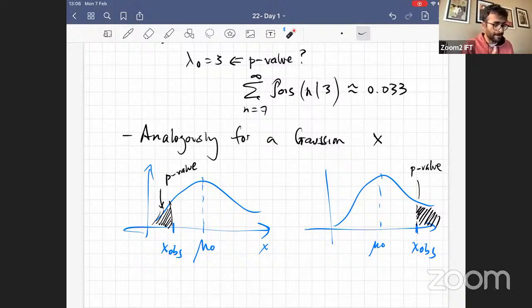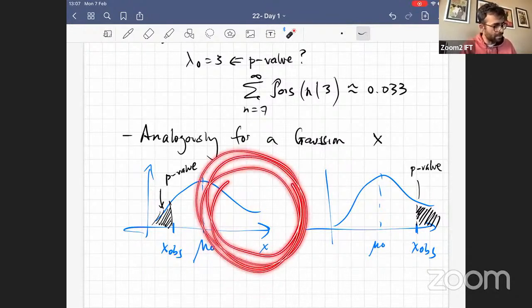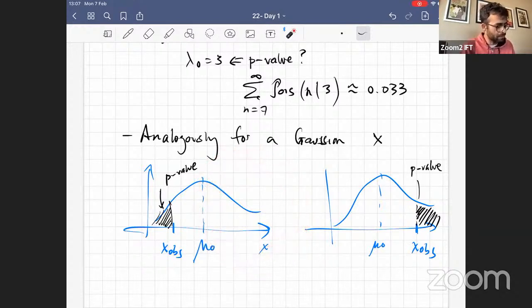So here I don't see why this part should enter, because there is no data here to start with. Yeah, I don't know. Okay, thank you. Any other question here?